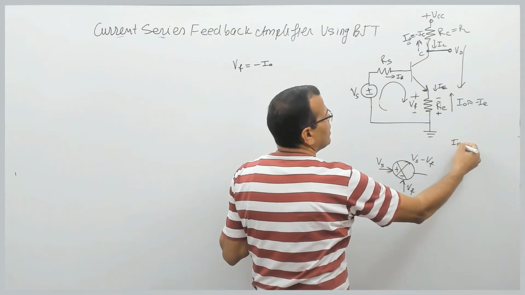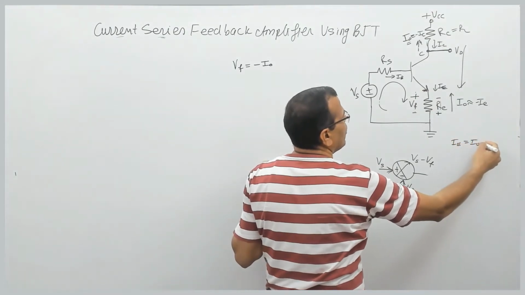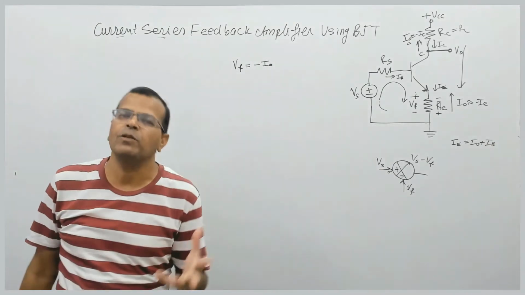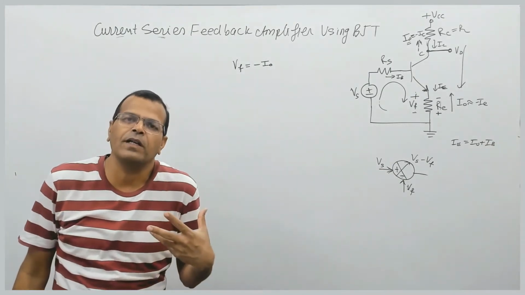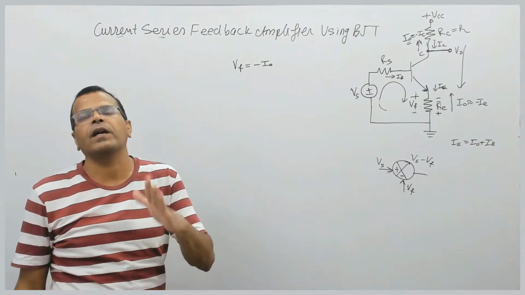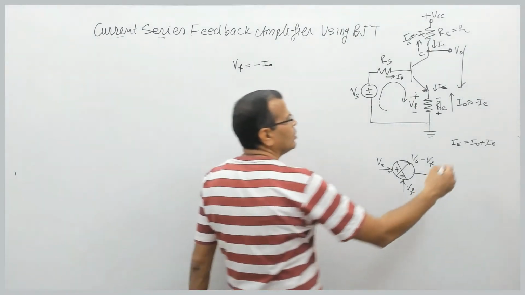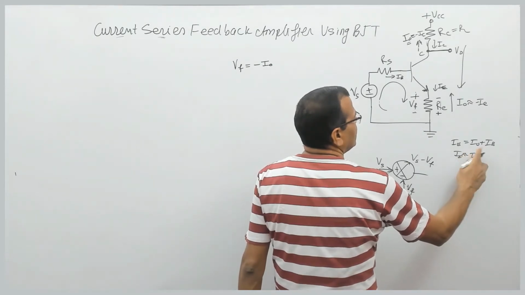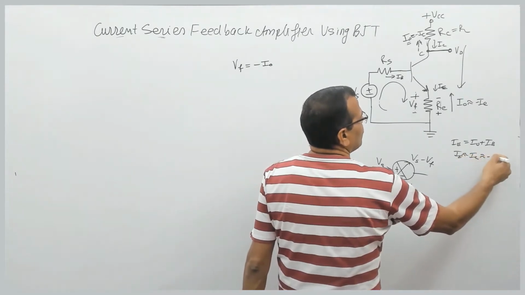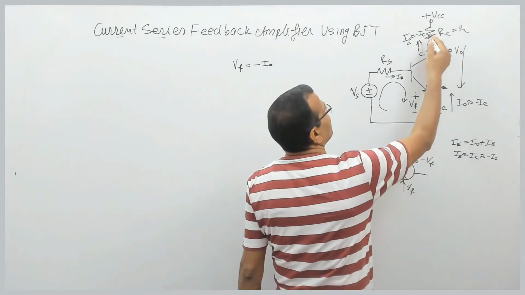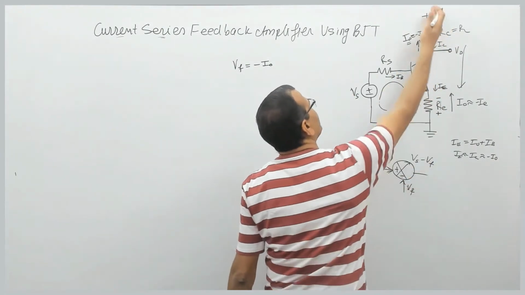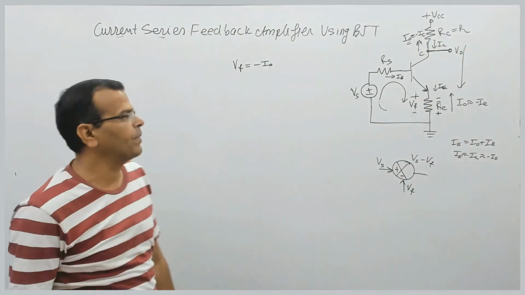So emitter current IE is equal to I naught plus IB. But you know, the base current is very small. If your base current is in microamperes, then emitter and collector current are in milliamperes. So, I naught is approximately equal to IC, and that is equal to minus I naught. Why? Because I naught is entering into the load. If it is load, it must enter into the load from the output terminal.